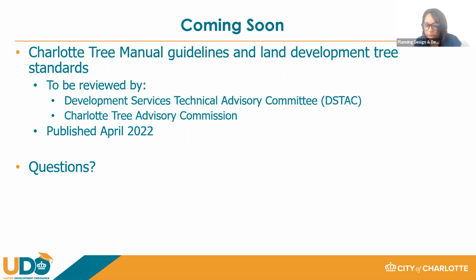So Laura Handleton asks, are there any exceptions to needing contiguous tree save? For example, on a large site, could there be two separate areas that are certain acreage? Yes, there can be exceptions, and that'll be provided in the guideline we're developing.